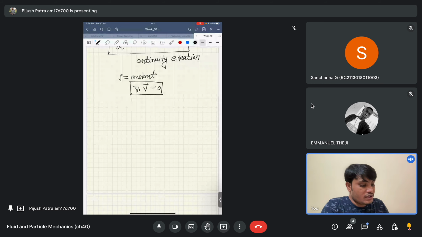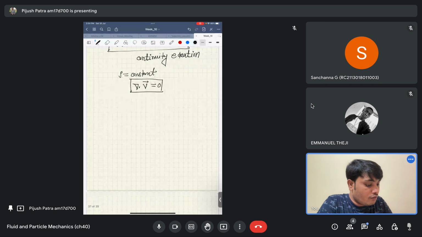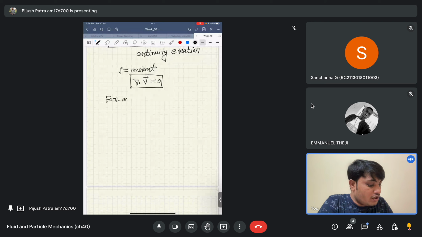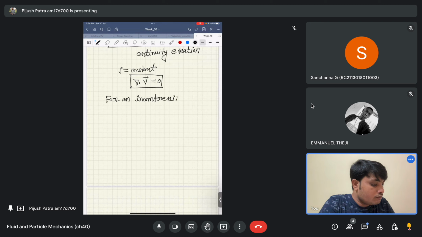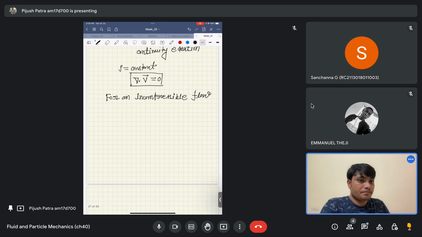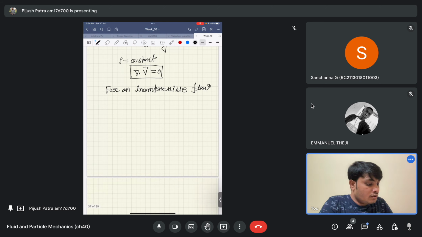So for an incompressible flow, divergence of the velocity will be equal to 0.